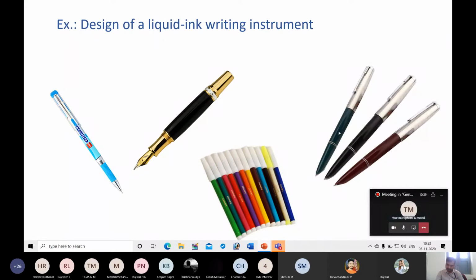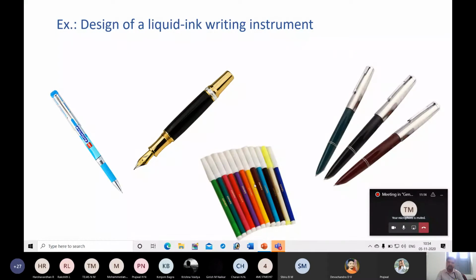In case of a Euro pen, inside this there will be a collapsible tube, a tube made of rubber or plastic-like material, that you can see if you remove this rigid container. In case of a sketch pen, what is the ink reservoir used? Sponge, which is a fibrous material.